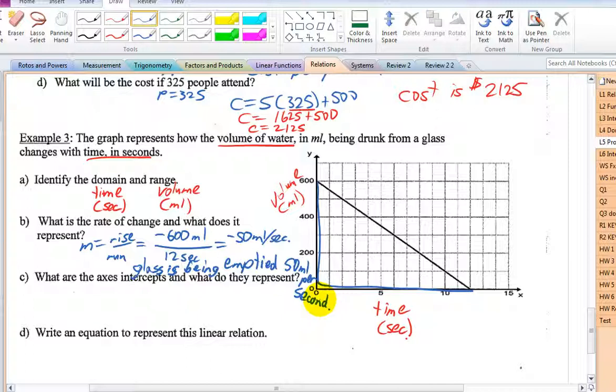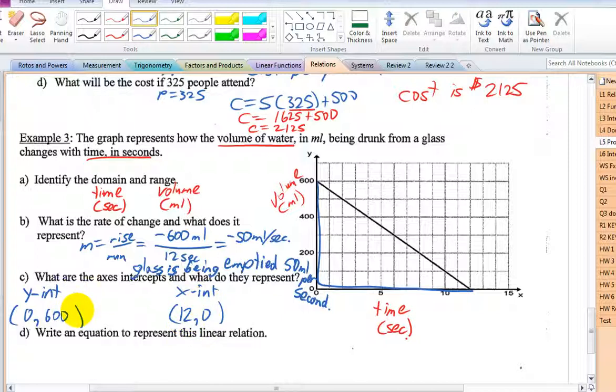Okay. Good. What are the axes-intercepts? What are they and what do they mean? So find your y-intercept, find your x-intercept. Go. Your y-intercept would be 0, 600, and your x-intercept is 12, 0.